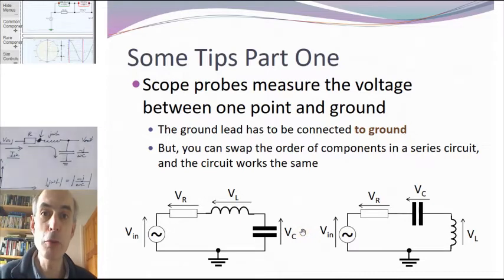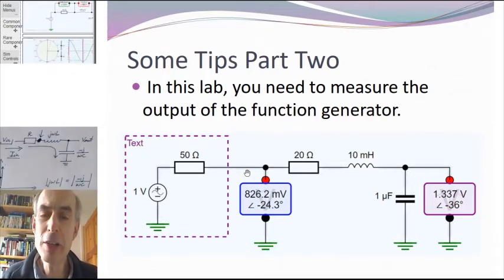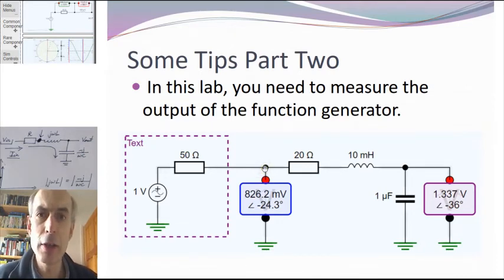Whichever component you want to measure the output across, make sure that one lead of that component is connected to ground, and then the scope can simply measure the voltage directly across that component. Another point: in this lab, we're going to be taking, certainly near the resonant frequency, some quite large currents out of the function generator, which means that you cannot assume that the output of the function generator is going to be constant. It won't, because there is this 50 ohm output impedance built in to the function generator.